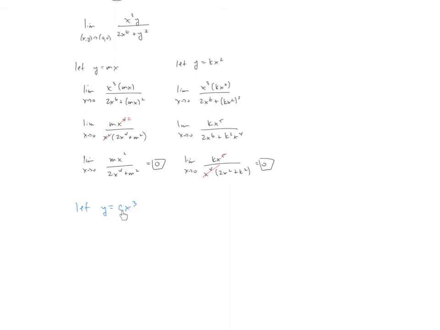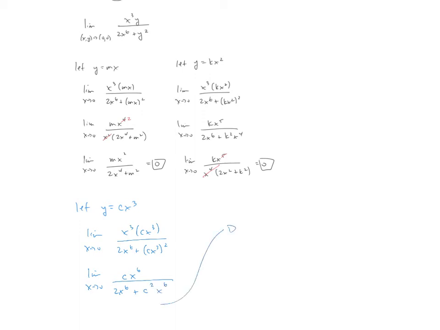So I'm going to continue down now and go from a linear to quadratic to a cubic. Again, just do the same thing. We're going to have the limit as x approaches 0 of x cubed times cx cubed over 2x to the 6th plus cx cubed squared. When we simplify, that's going to be cx to the 6th over 2x to the 6th plus c squared x to the 6th.